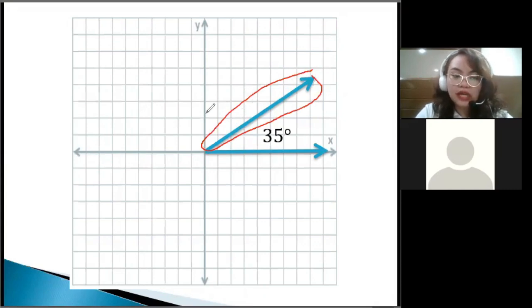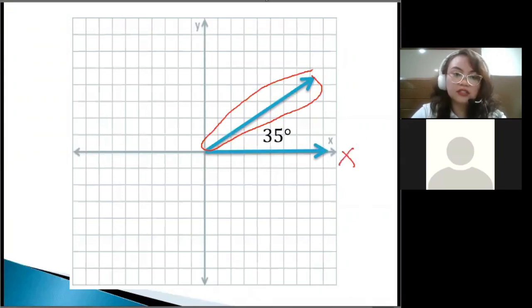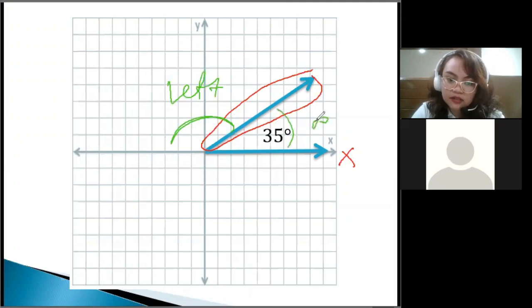There are two angles associated with it, the smallest positive acute angle in terms of your x-axis. So your reference is your x-axis. Now let's observe: there are two angles in reference to the x-axis, the angle on the left and the angle on the right.